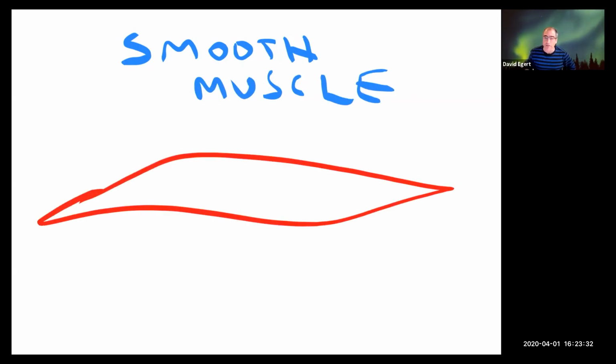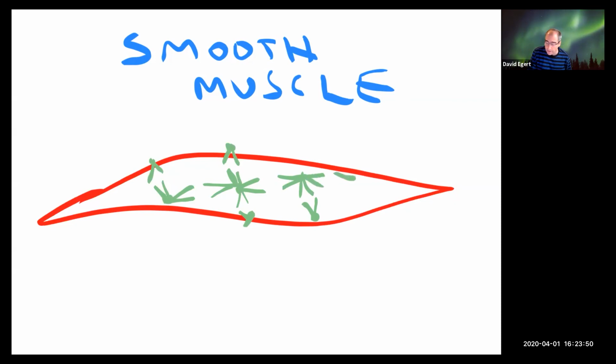Smooth muscle cells are really different. And again, in the interest of time, I'm probably going to make this a little quicker than I might normally. It's still actin and myosin, but the actin and the myosin are assembled in really different ways.